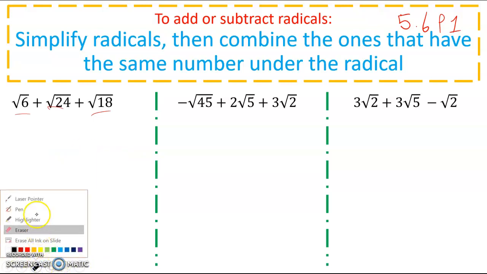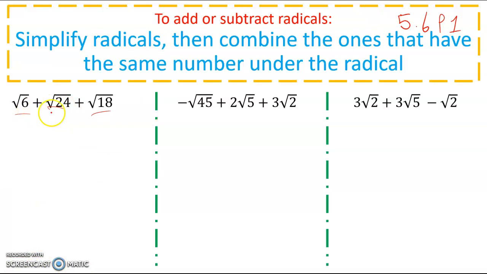And if we look, none of these square roots have the same number underneath them. So from there, we need to break them down in order to see if we can add any of them together. So first start off with square root of 6. That doesn't simplify down at all, so I'm going to move on to square root of 24. And again, for this process, we're looking for perfect squares that break down our square roots here.